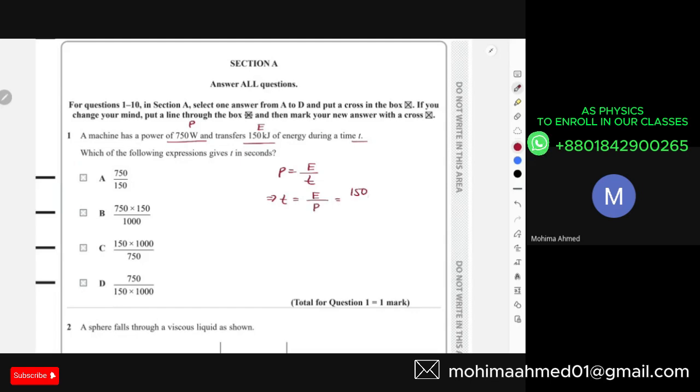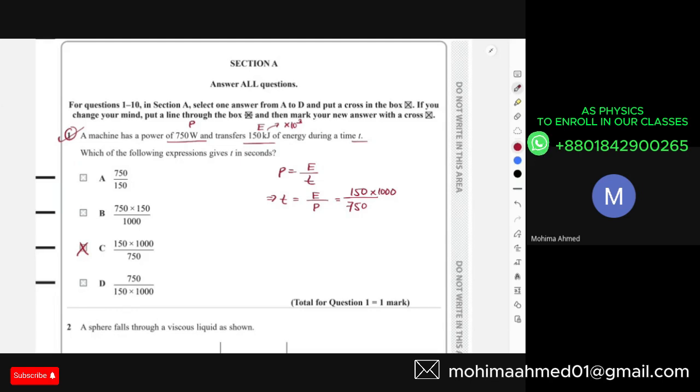Energy was 150, divided by 750, but energy was in kilojoules, so you have to convert that into joules. That becomes 10 to the power 3, 1000. So 150,000 over 750. Option C is your correct answer, right? Quite easy to work out. I just used the formula and inserted the values. I didn't do anything else here.